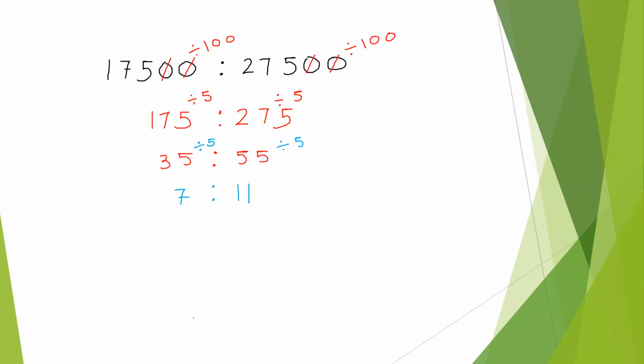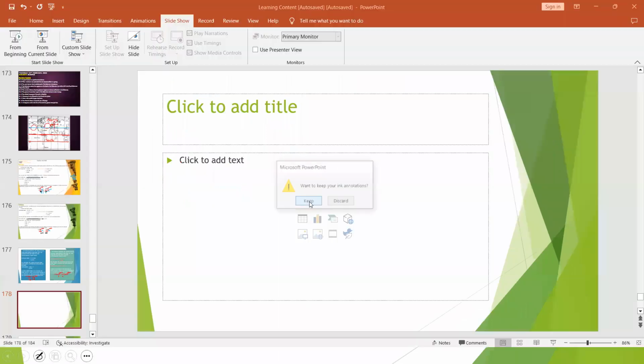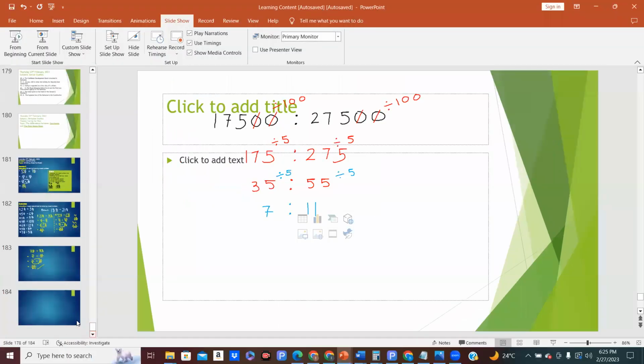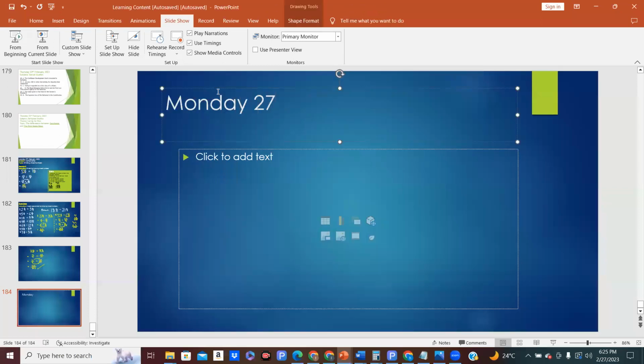Now for this week, like I said, we are going to look at simple interest. So let's head up properly and get into it. Today is Monday, the 27th of February, 2023.